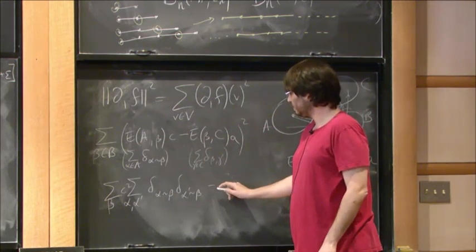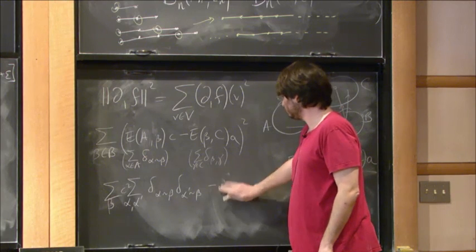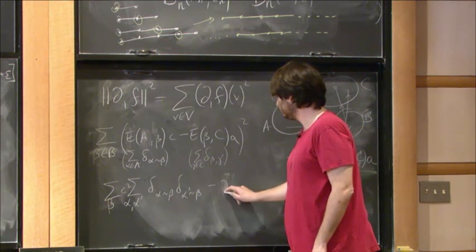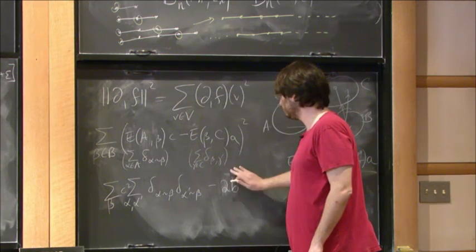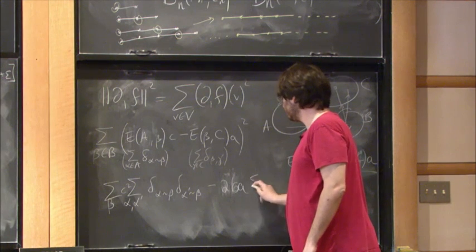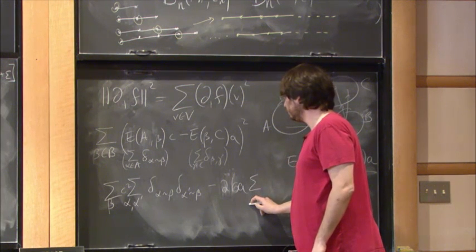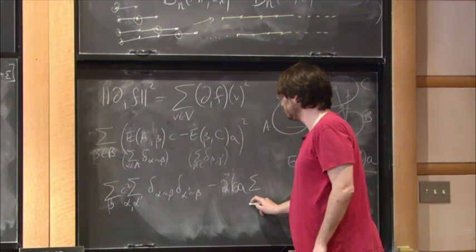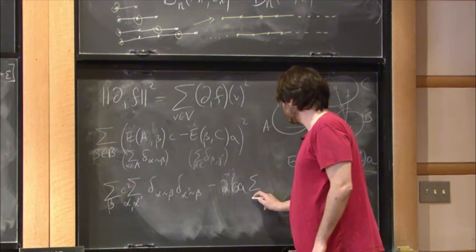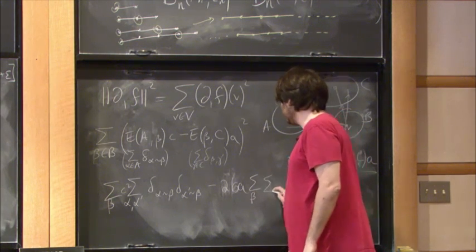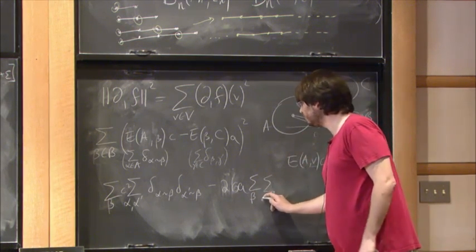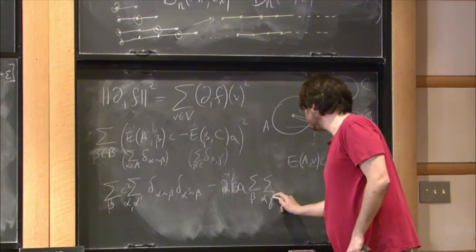And then 2CA, sum over all, I want also the beta here. So alpha and gamma.